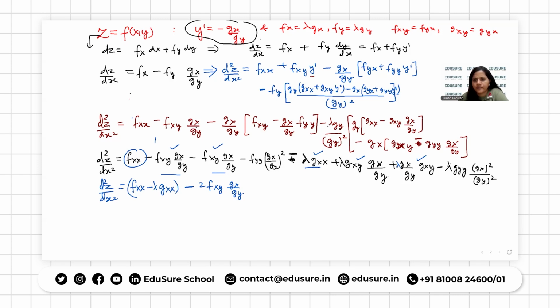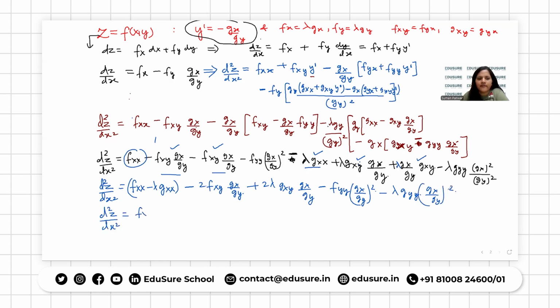So this is 2 lambda gxy gx by gy. Then we will have minus fyy gx by gy whole square minus lambda times gyy gx by gy whole square. So then d2z by dx2 will be fxx minus lambda gxx minus 2 fxy minus lambda gxy gx by gy.